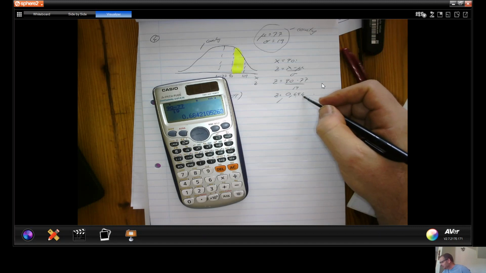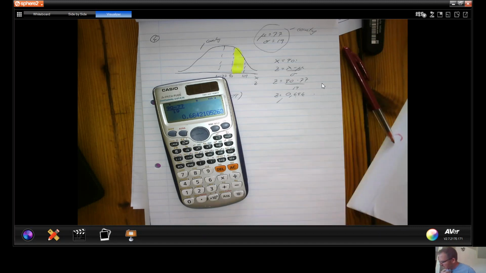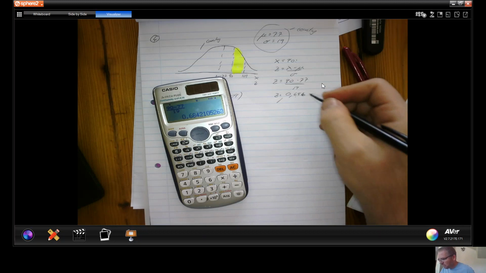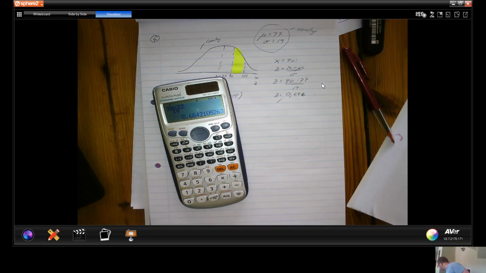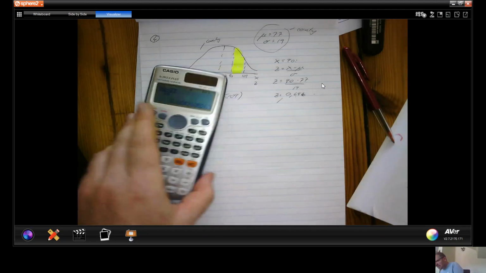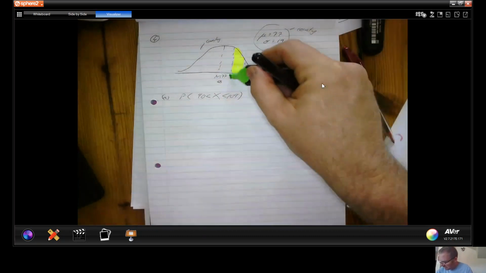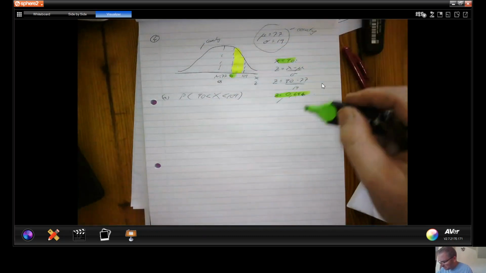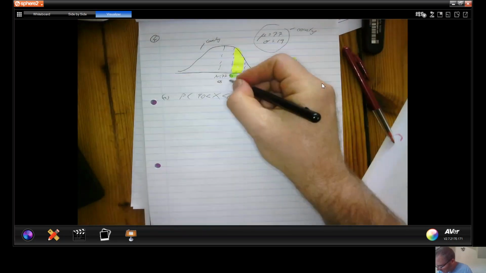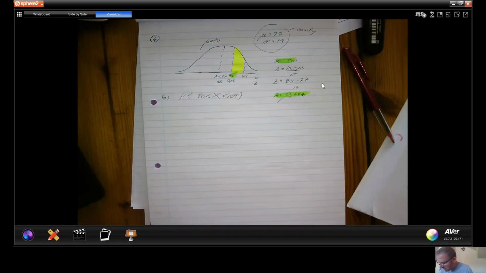Let's just round. If you just round it off, it should be absolutely fine. So Z is equal to 0.68. That is the Z score that goes with 90.